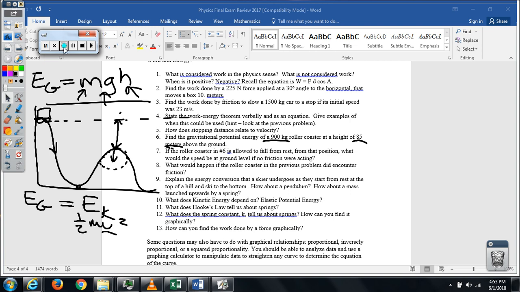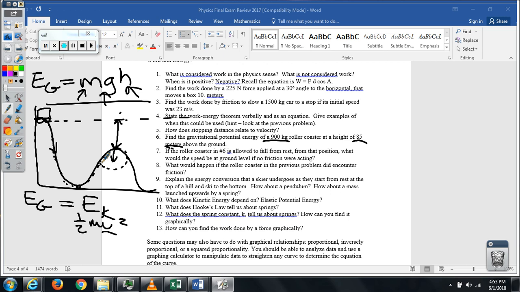If EQ comes into our system, then, for instance, if you're going over this hill without friction, you might reach a certain speed. But with friction, the speed would certainly be less, because the whole time that you're going through this track, friction is taking away from the energy in the system. Okay.